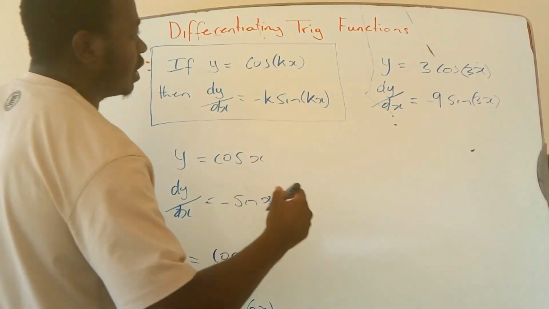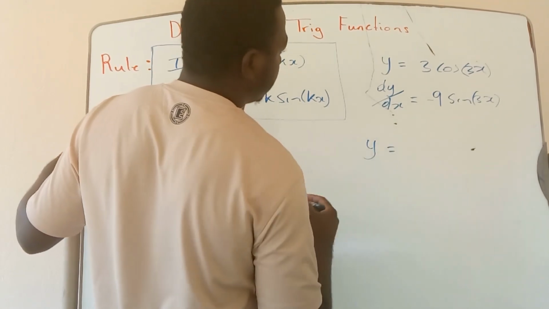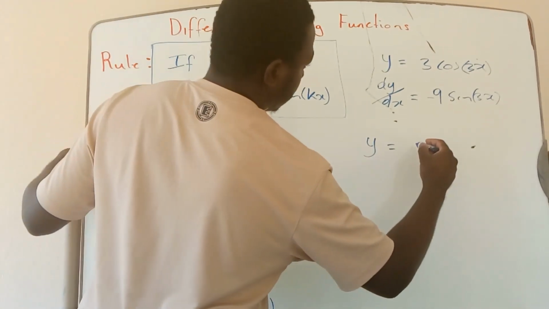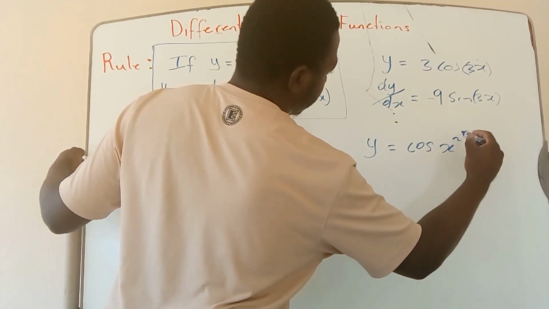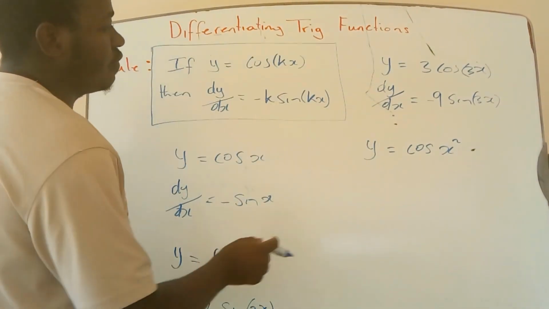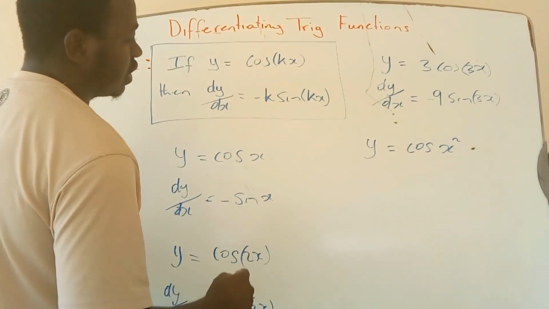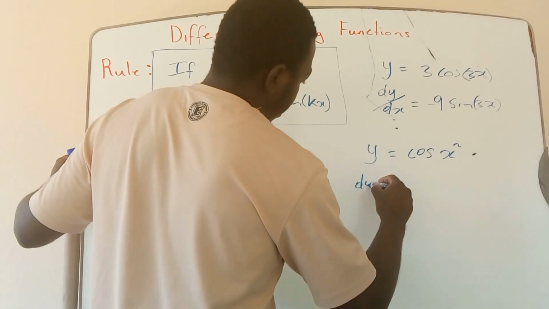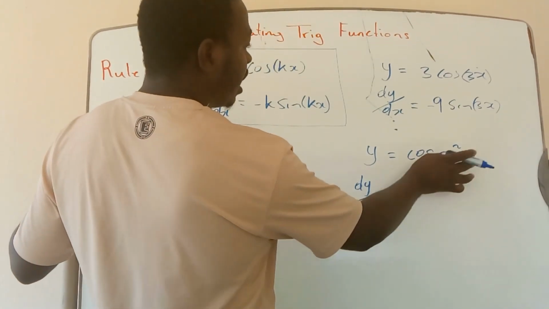Alright? So let's look at another one. Our function, which is y, is equal to cos x squared. Right? And they are asked to differentiate this function with respect to x. Therefore, dy by dx is equal to, differentiate x squared.